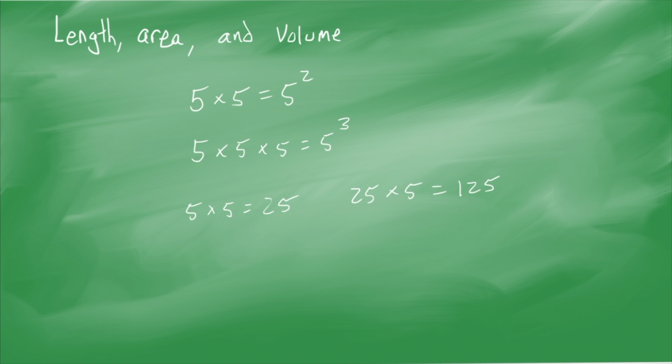So the older genie gave us 25 oranges from our line of 5. So the side length of 5 turns into an area of 25. An area of 25 times the side length of 5 gives us a volume of 125.